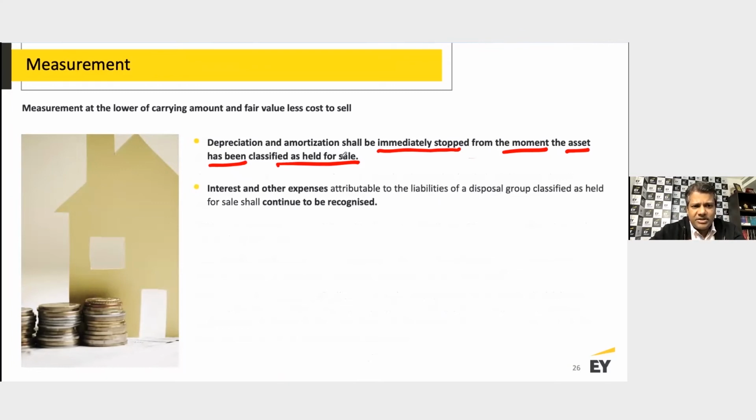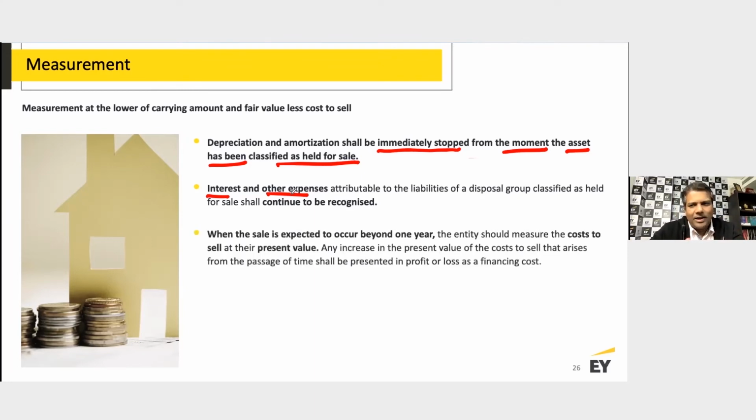Now, interest and other expenses attributable to the liabilities of a disposal group classified as held for sale will continue to be recognized, because I have to pay a third party. So you've got to continue to recognize. The accrual concept will continue. Only the depreciation and amortization stop.